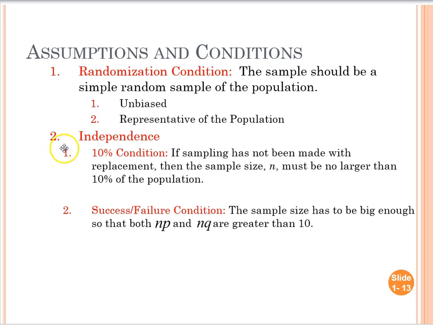So there's two ways to test for independence. One is that you have to be sampling no larger than 10% of the population. So that means you want a large sample size, but you still only want to be sampling a small proportion of the population. The second one is called the success-failure condition, and that just means you have a large enough sample size to generate meaningful statistics.